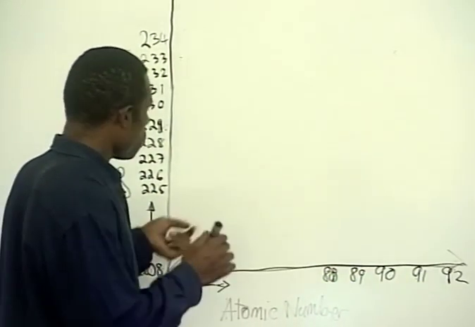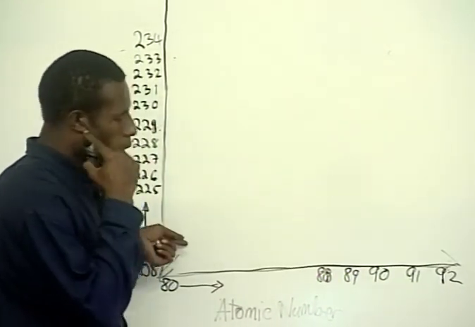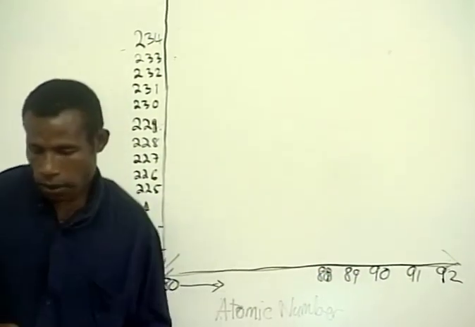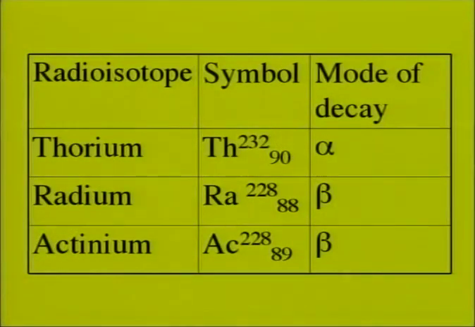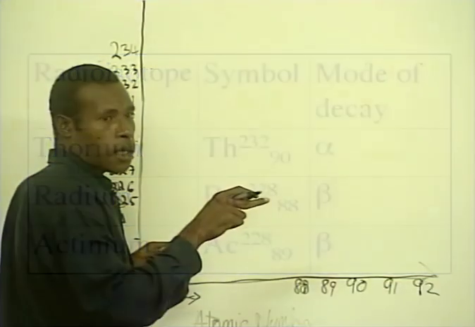All right, firstly, let's quickly go through the first two or three decay series. Thorium, that is 232. If you use a graph paper, it will give you a nice picture.